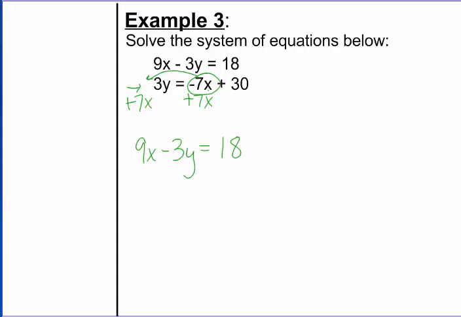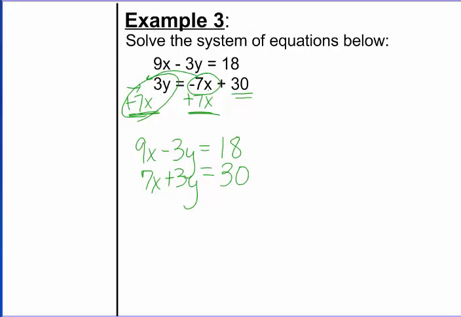Make sure you're doing the same operation on both sides, adding 7x. So then if I put these together on this side, I have 7x plus 3y equals, and then we have 30 left over on the other side. Now everything is all lined up.